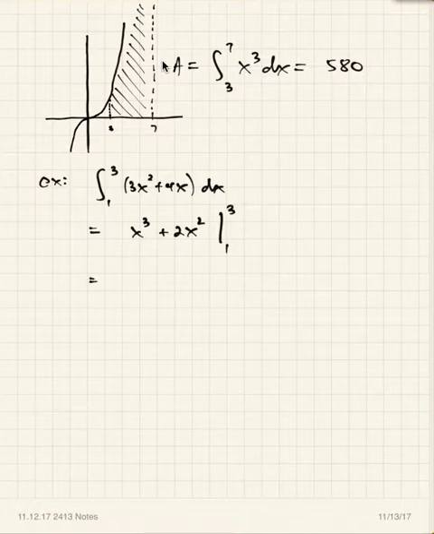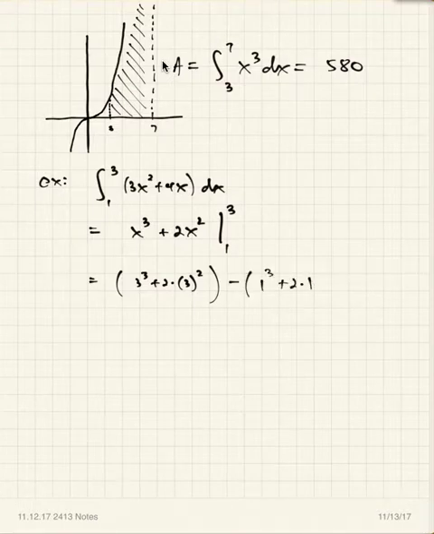So at the upper limit, this would be 3 cubed plus 2 times 3 squared. There's our upper limit, minus the lower limit, which would be 1 cubed plus 2 times 1 squared, like that. Right? We evaluate at the upper limit, we evaluate at the lower limit. This is capital F of B. This is capital F evaluated at A. And remember, this is capital F of X right here.